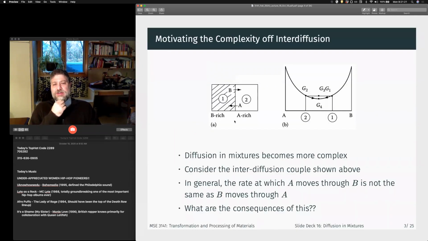So for interdiffusion, we're talking about the case where we have, imagine either pure A and pure B, or a diffusion couple made of a B-rich material and an A-rich material.